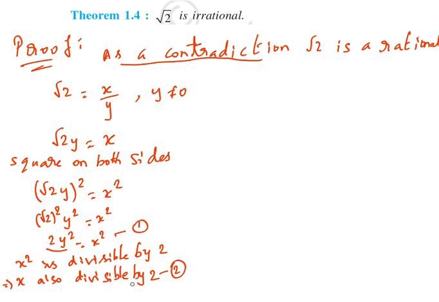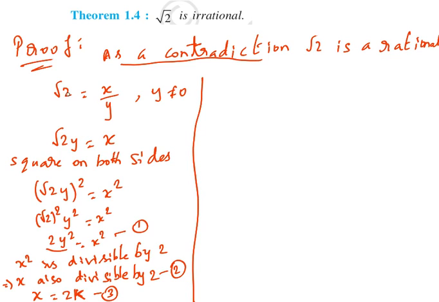If x is divisible by 2, x can be written as a product of 2, some 2k, where k is some other factor. Any number divisible by 2 can be written as a product of 2. So x can be written as 2k also. We'll take this as equation number 3.